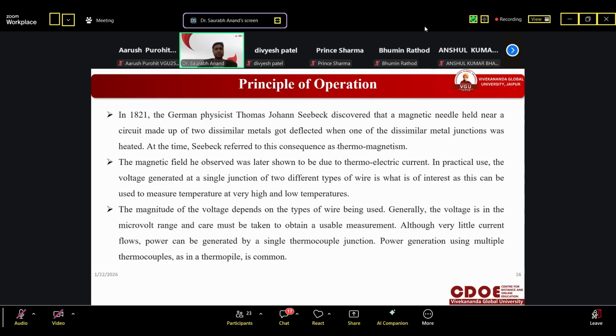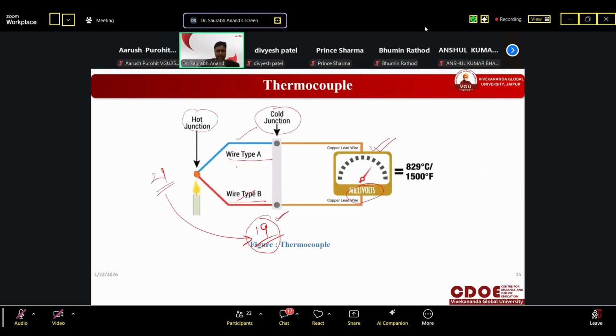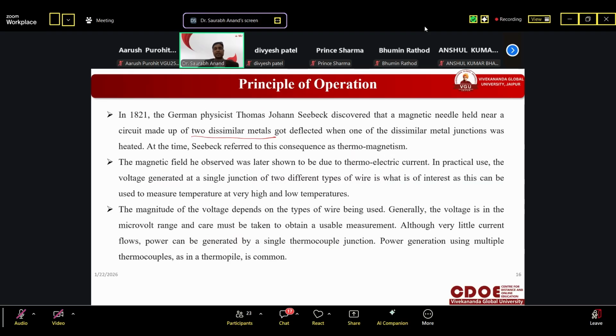These are the principles of operation, that is, how it is working and which material we are using. It uses two dissimilar metals. As I told you here, wire type A and wire type B. These wires will not be of the same metal, so they will be dissimilar.